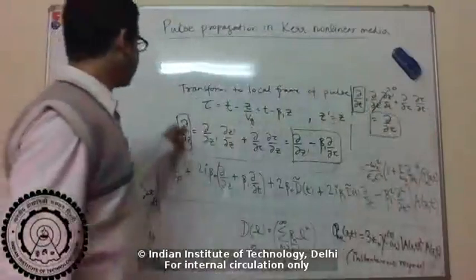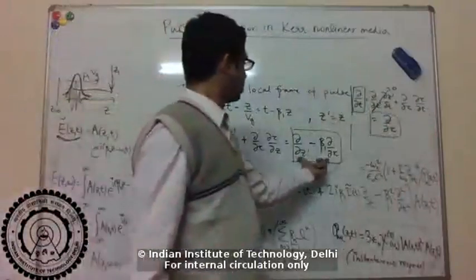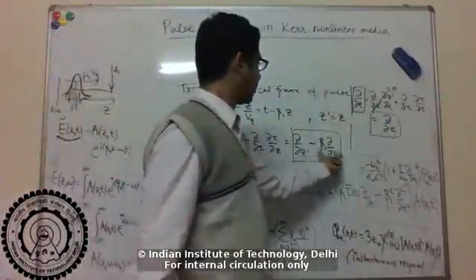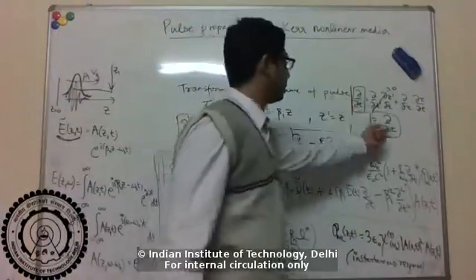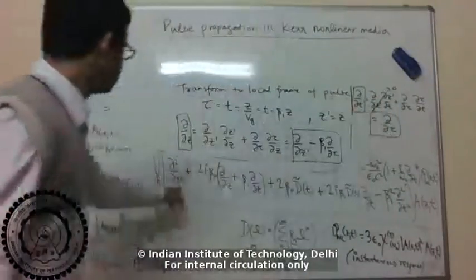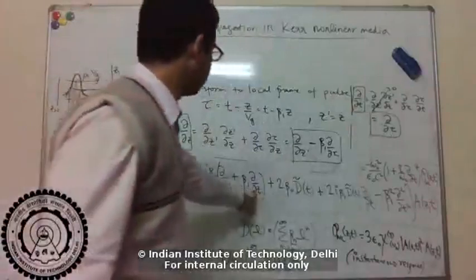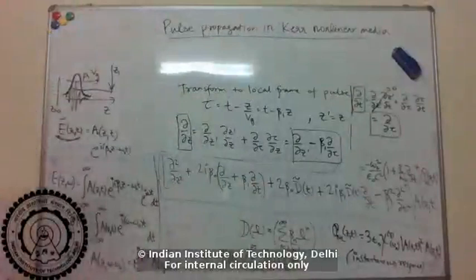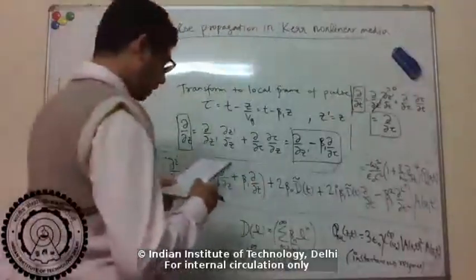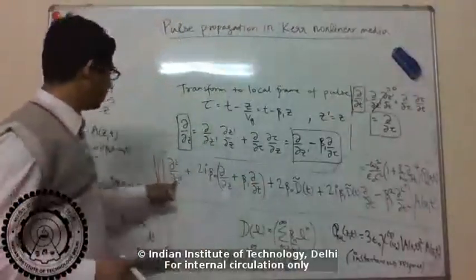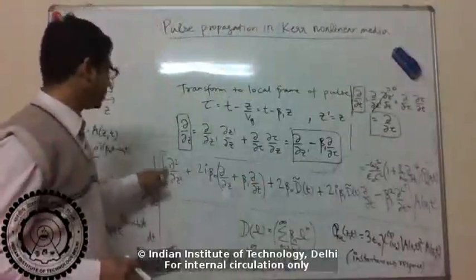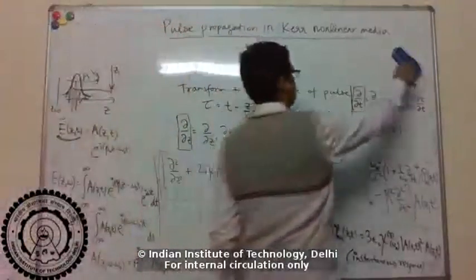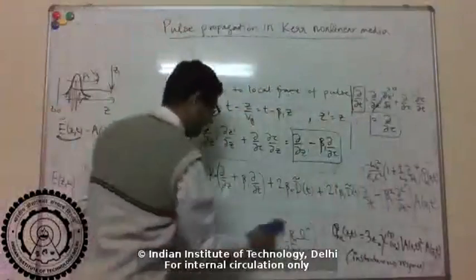So wherever we have a del by del z, we replace it by del by del z prime minus beta 1 del by del tau. Wherever we have del by del t, we just replace it by del by del tau. Okay, so we just go ahead and do that. The first term is the second derivative in z.